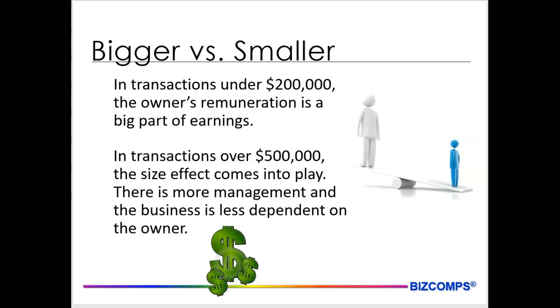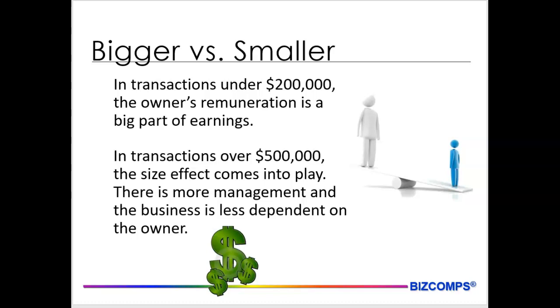However, when a business's revenues or profitability get above $500,000, then the size effect comes into play. There's more management involved, the business is less dependent on the owner, and therefore it's less risky, and because it's less risky, it receives a higher multiple.